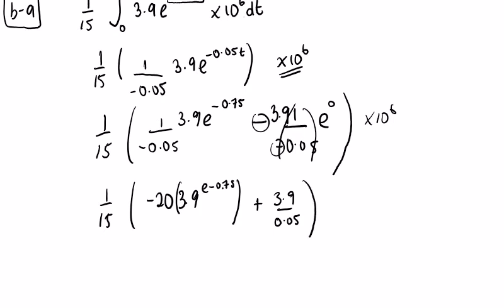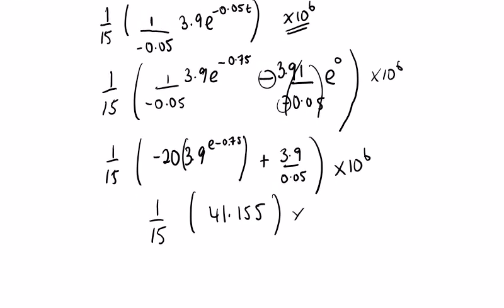That's going to give me on a calculator 41.155. Don't forget this 10 to the power 6. So if I divide that by 15, I get 2.743693.